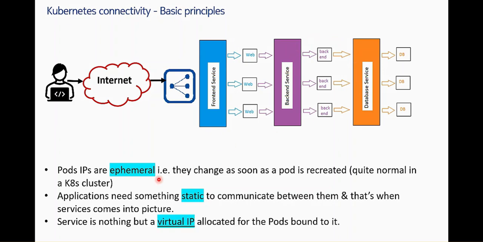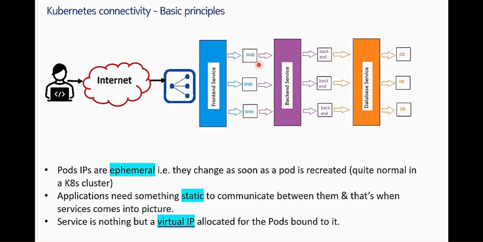A service is nothing but a virtual IP allocated for the pods and bound to them. This virtual IP will be bound to all these three web pods. This will do load balancing in itself. We just have to reach this IP address, and once we reach this service IP address, we can reach the web pod.